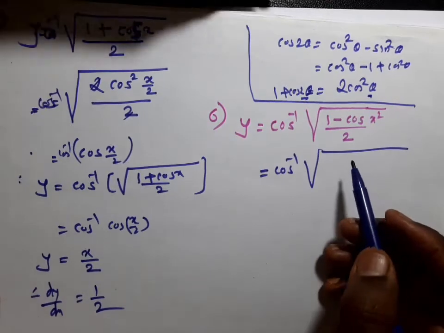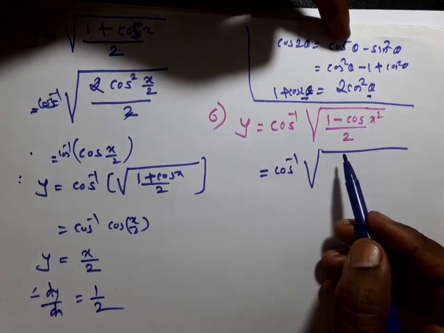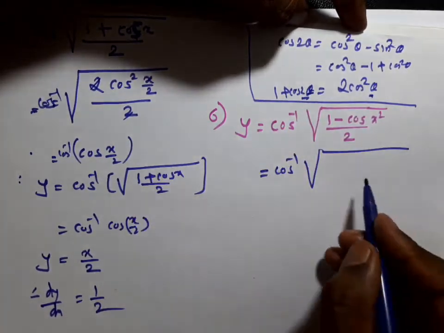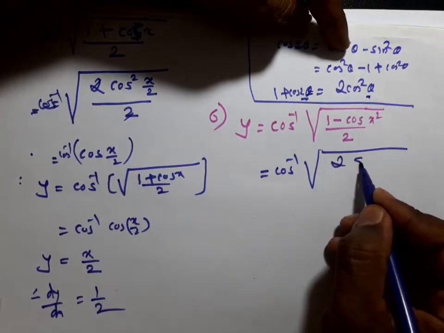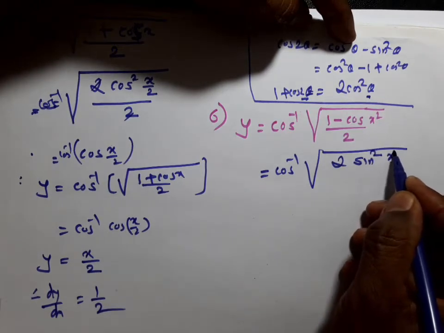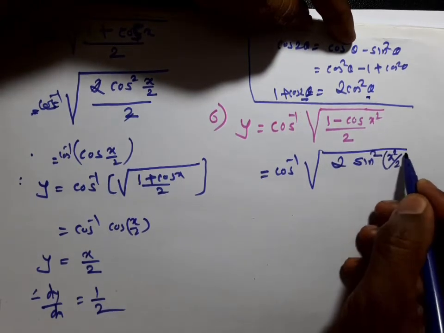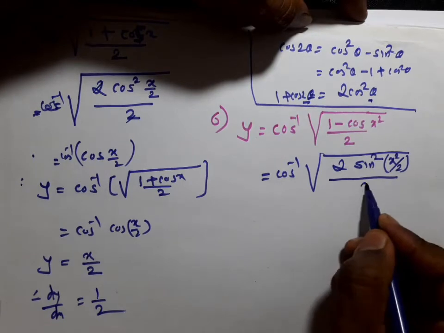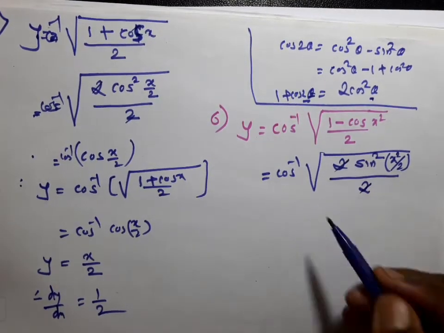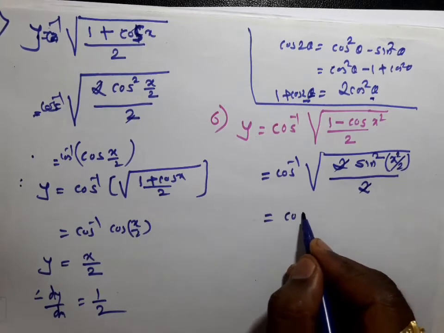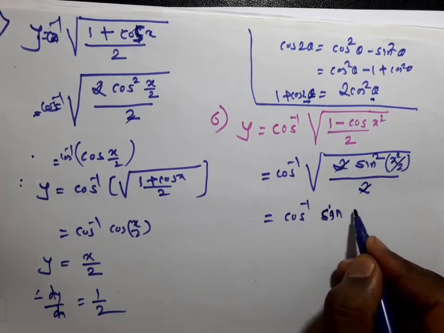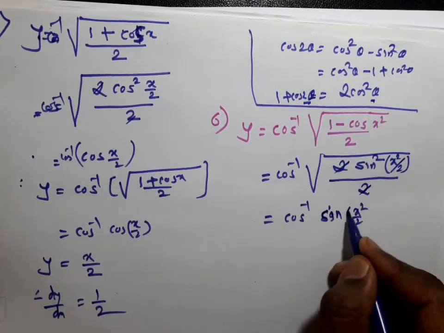By using this formula, instead of cos square, if you convert into 1 minus sin square, then 1 minus cos is 2 sin square x square by 2, divided by 2. So this 2 will be cancelled, and this is cos inverse of sin x square by 2.